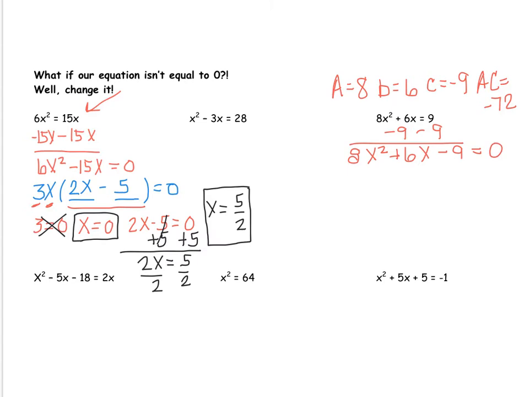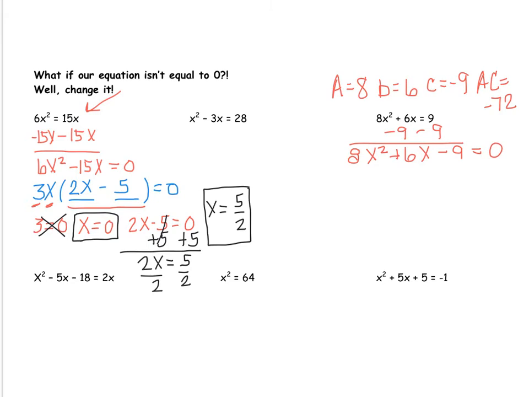Negative 72 that would add up to 6. I'm working on it on my calculator here. I have 4 and 18. 72 divided by 6. I got it right here.